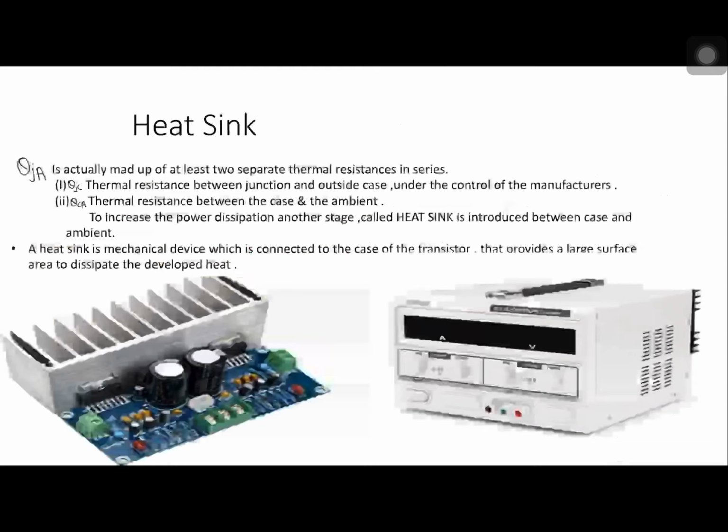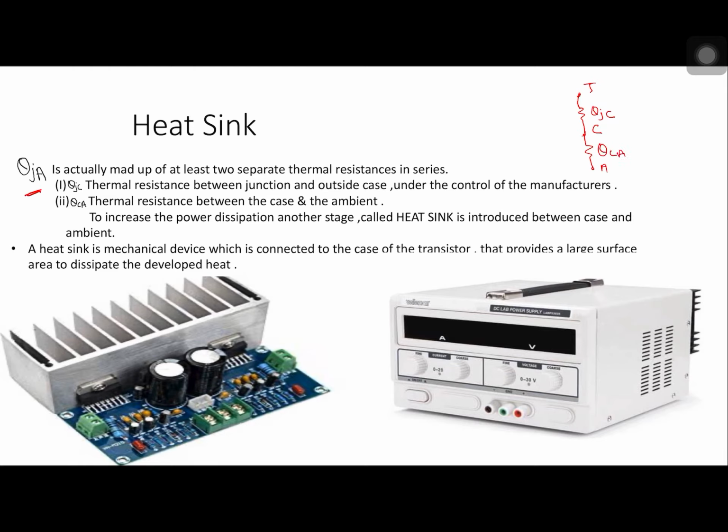Next is heat sink. Now in our discussion earlier we have discussed thermal resistance. This thermal resistance is made up of at least two components. This J represents the junction. Junction to case is theta JC, the first component, and from case to surrounding, to ambient, it is theta CA.